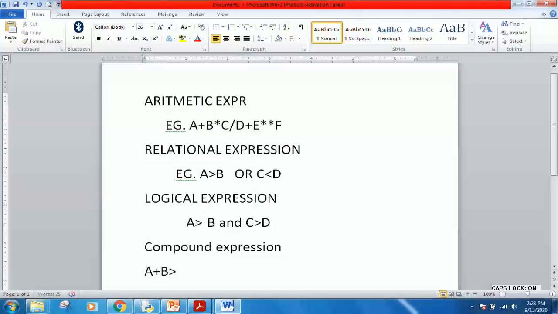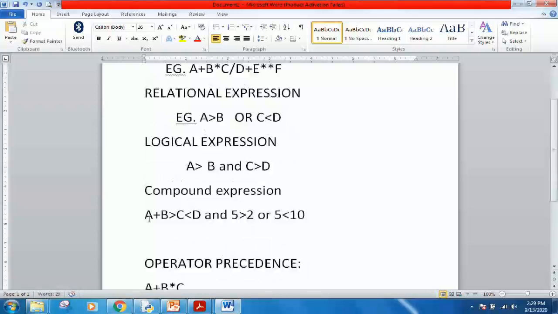Suppose I am writing a plus b greater than c less than d and 5 is greater than 2 or 5 is less than 10. Now this is the expression where you have the arithmetic operators present. Here the relational operators greater than, less than are also present, and and or logical operators are present. So such an expression is a compound expression.